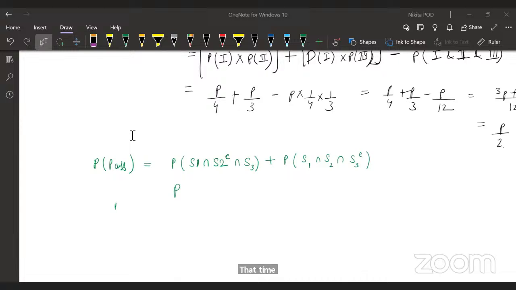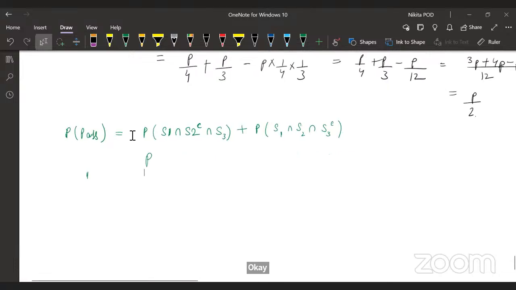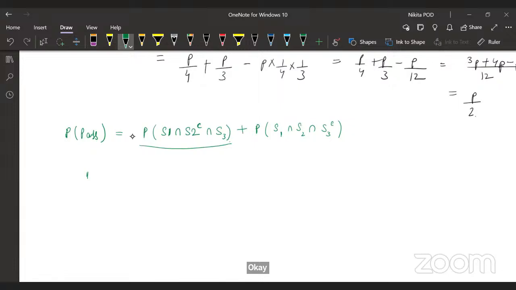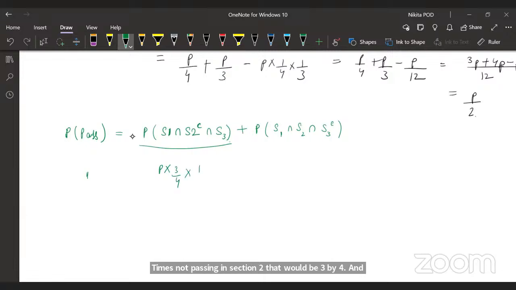I'm sorry, I don't even know this formula first. No, I'm asking ma'am about this formula. Okay, I have not seen this formula though, but okay. So if you use this, see here, what you are doing is you are saying that the student passes in section 1, so that would be P, times not passing in section 2, that would be 3 by 4, and this would be 1 by 3, right?